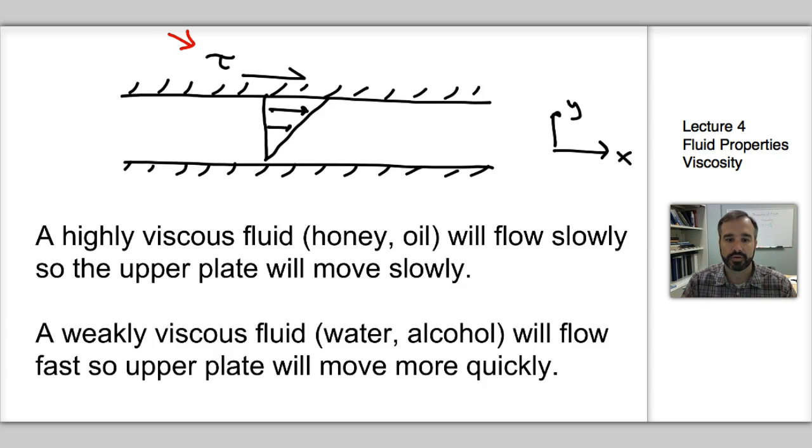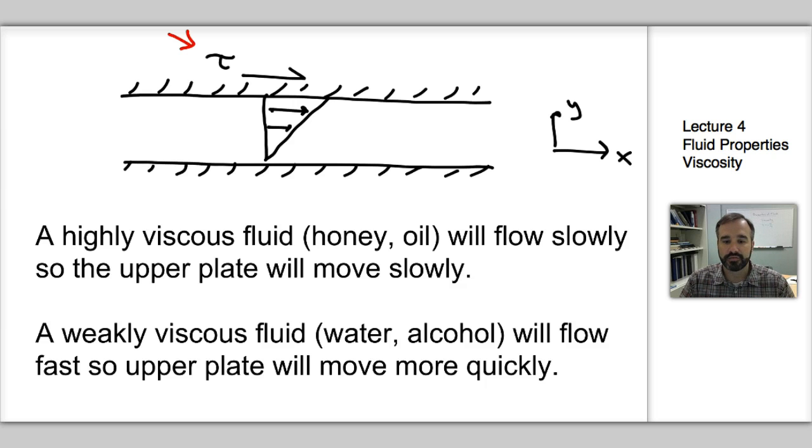And in this situation, with a highly viscous fluid such as honey or oil, the flow will move slowly. As we apply the shear stress, mu is high, so the du/dy will be low. The flow will move slowly, and so the upper plate will ultimately move relatively slowly.